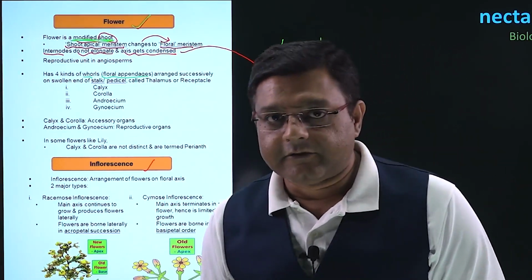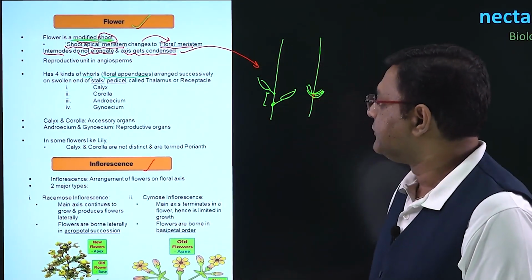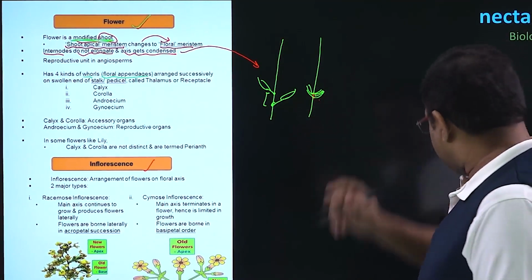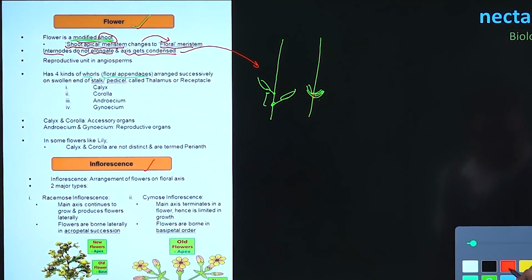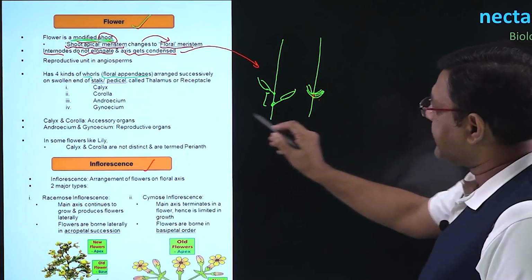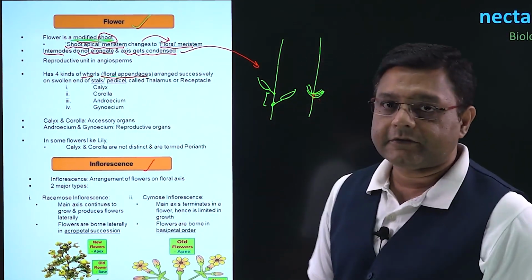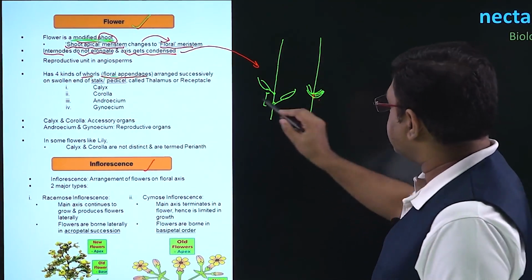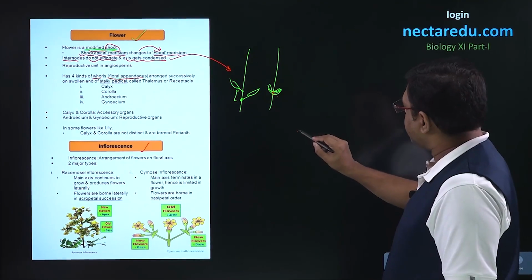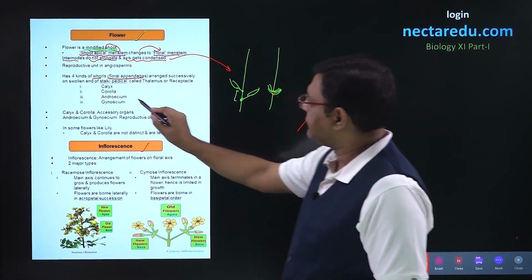The flower is the reproductive unit in the angiosperms. Which whorls are present here? 4 types. We can also call these whorls floral appendages. Now, there is the stalk or the pedicel.